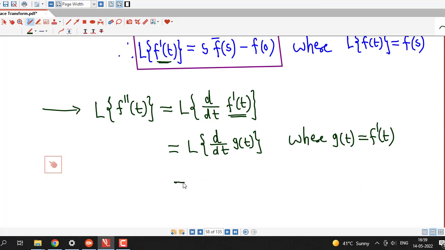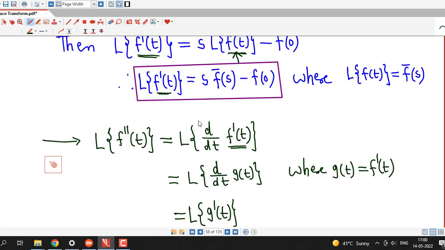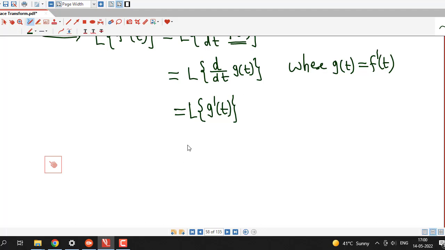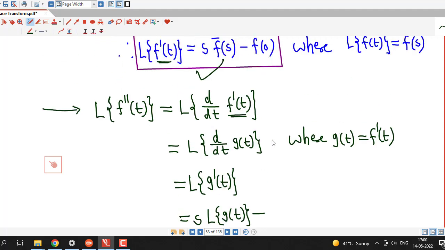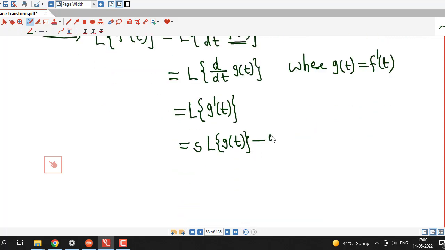So this we can rewrite as Laplace transform of g dash t, and now we use this formula for Laplace transform of g dash t. So that is going to be s times g bar s minus g of 0, that is, s times Laplace transform of function g minus value of function g at t equal to 0.